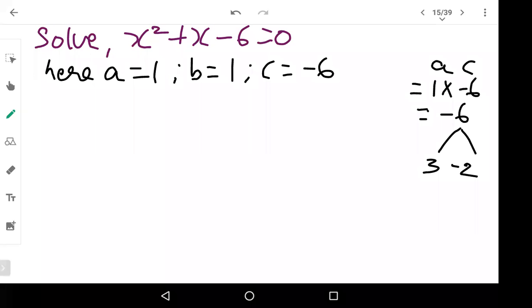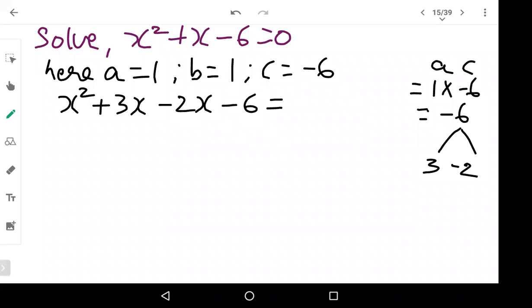The equation is going to be x square, and in the place of +x, I will have plus 3x minus 2x minus 6 is equal to 0. Now find the common. If I take x as common for these two here, what will be remaining?